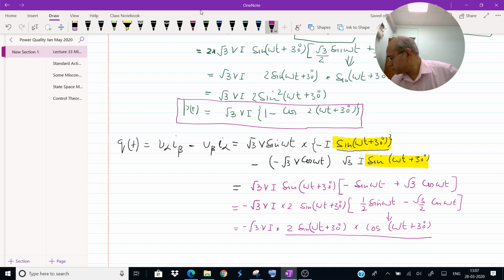And this is minus of cos of this, so you can take this bracket here, so minus minus becomes plus. So this is root 3 bi sine 2 omega t plus 30 degree. This is qt.